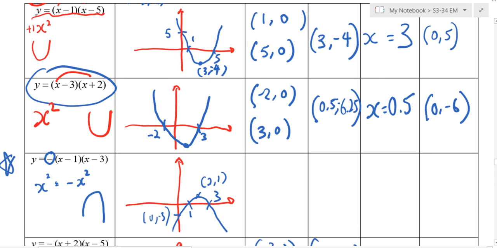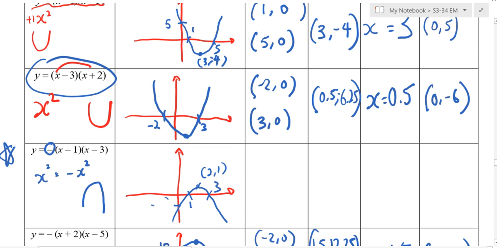Now, based on this untidy handwriting, let me redo it a bit. Instead of 0, I just put negative 3.